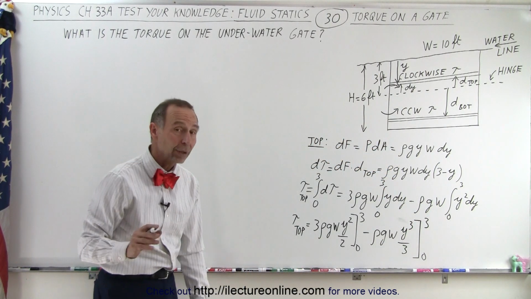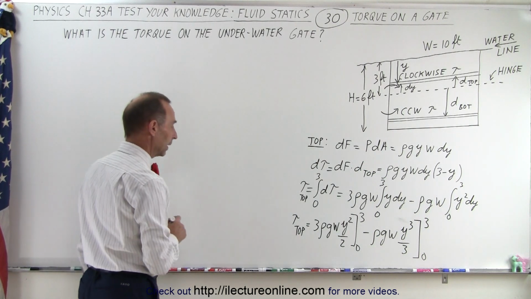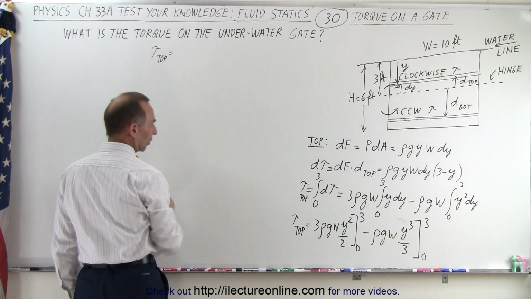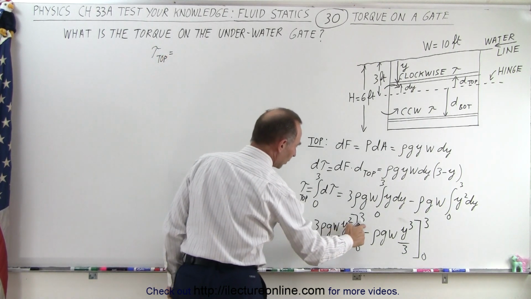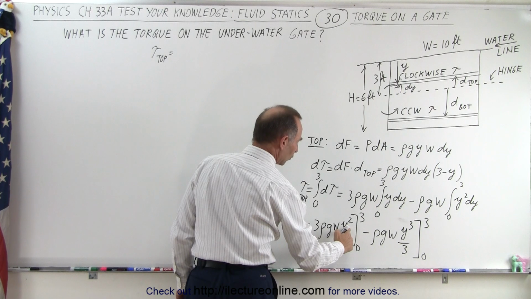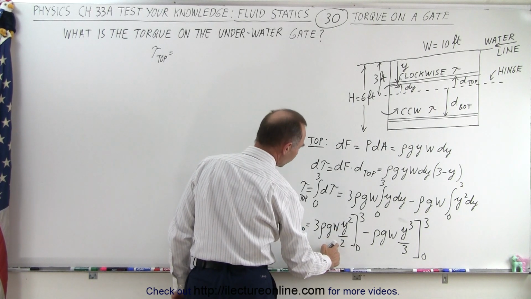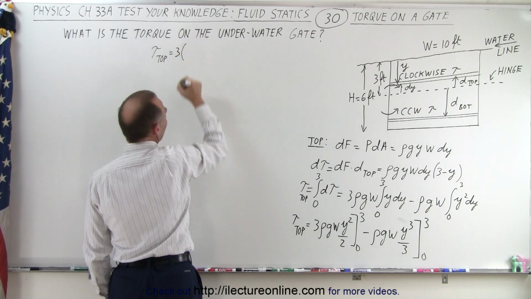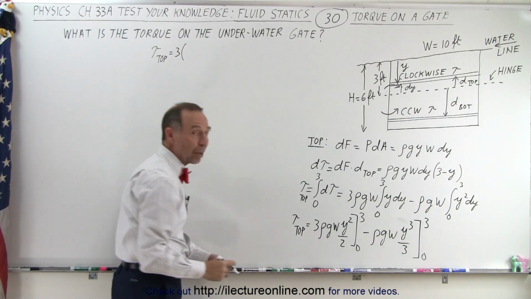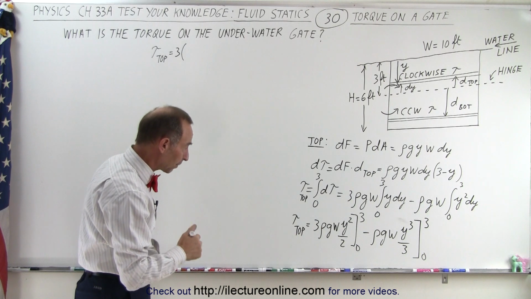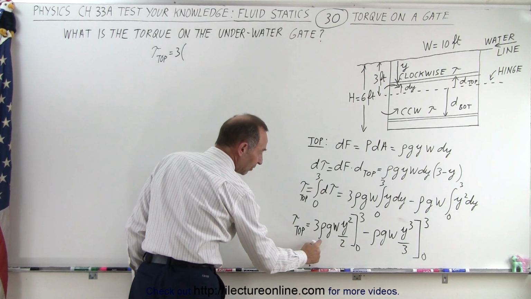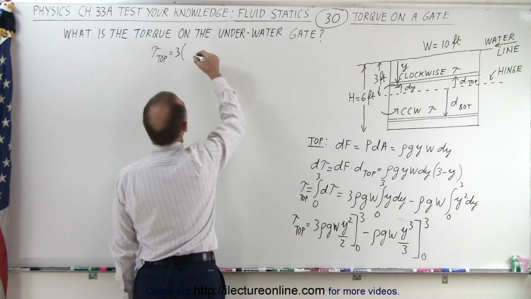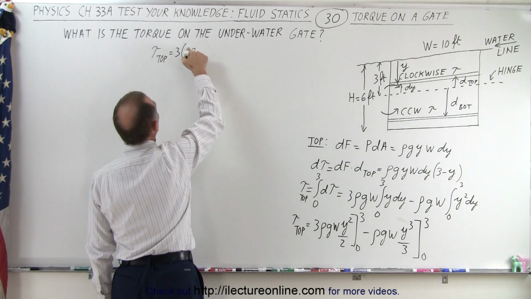All right, that we can evaluate. Let's go ahead and do that. So that means torque at the top is going to be equal to, when we plug in the upper limit, we get 3 squared divided by 2. Let's plug in all the numbers, see what we get. We get 3 times rho times g. Now, of course, in British units, we're going to have the density times g, which is 62 pounds per cubic foot.